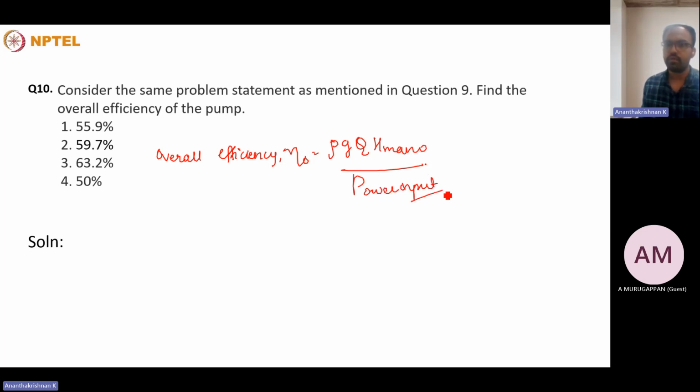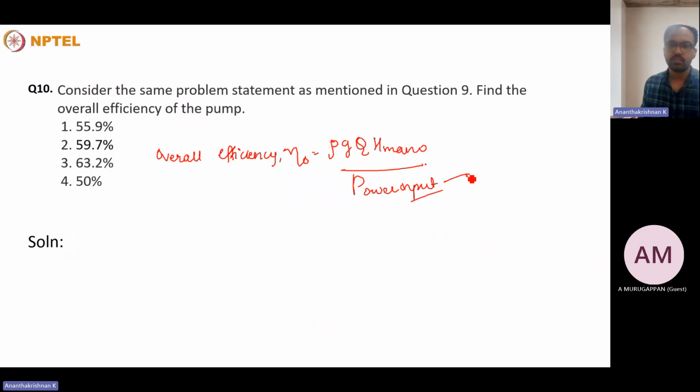In this particular problem, power input is given as mentioned in the previous problem statement: 23.3 kilowatt.